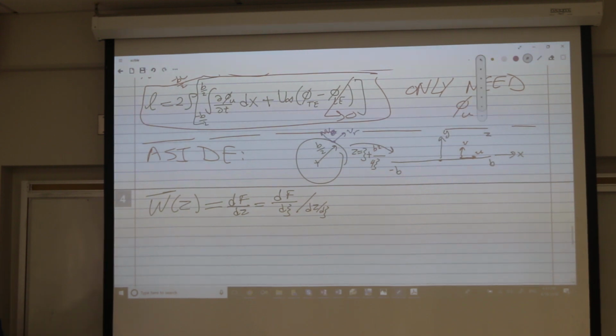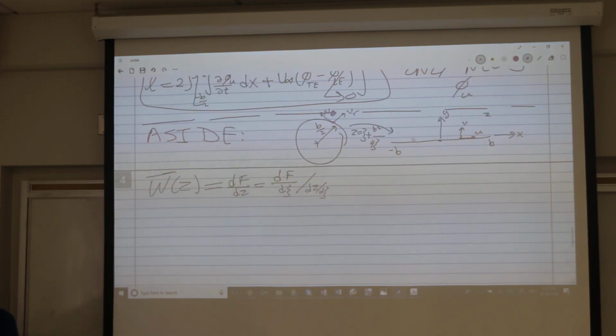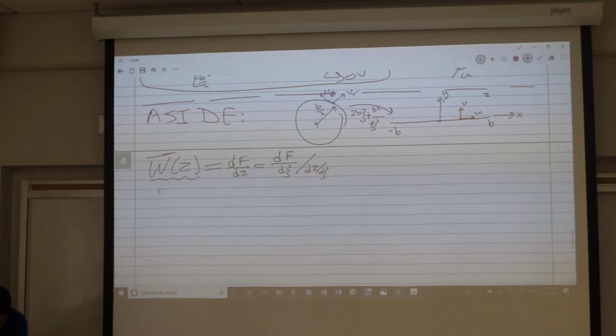So in the z domain, this is u minus iv. In the cylinder domain, this is also u minus iv. But if you want to relate it to V_r and V theta, we have another relation that we wrote before. It's e to the negative i theta, V_r minus i V theta, if you remember.